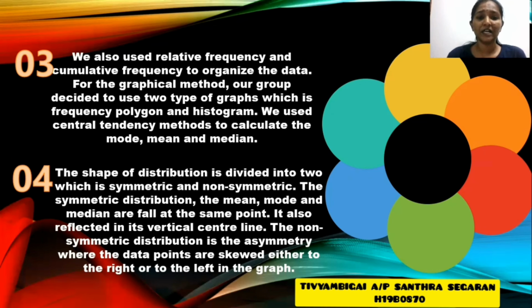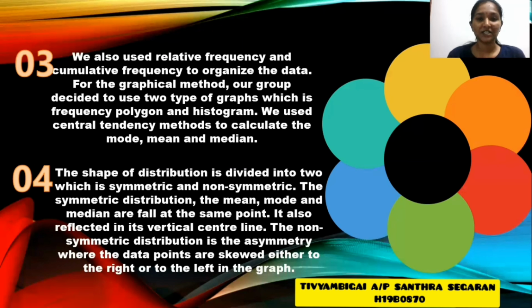For the graphical method, our group decided to use two types of graphs, which are the frequency polygon and histogram. We used the central tendency method to calculate the mode, mean, and median. The shape of distribution is divided into two, which are symmetric and non-symmetric.